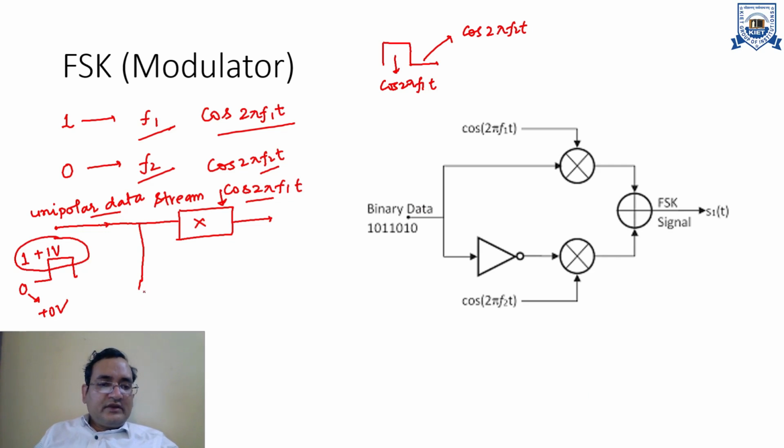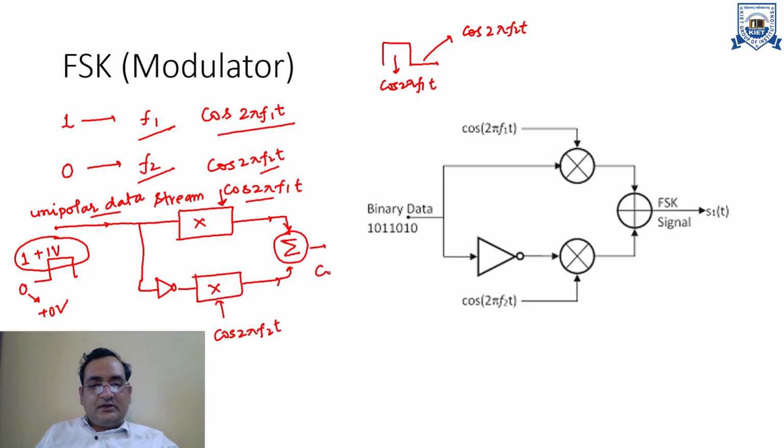Similarly, if you invert your unipolar data stream with the help of an inverter and multiply it with another frequency, cos of 2 pi f2t, you will get another BASK. After that you will combine these two signals and finally get cos of 2 pi f1t plus cos of 2 pi f2t. Now the point is, how can we see these two signals at the same instant of time?